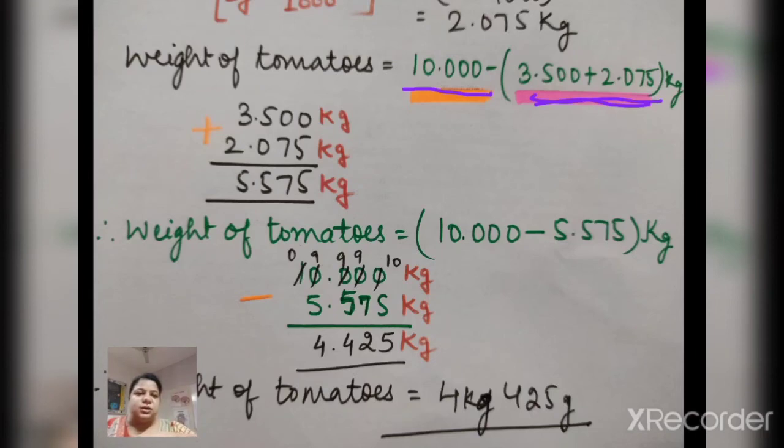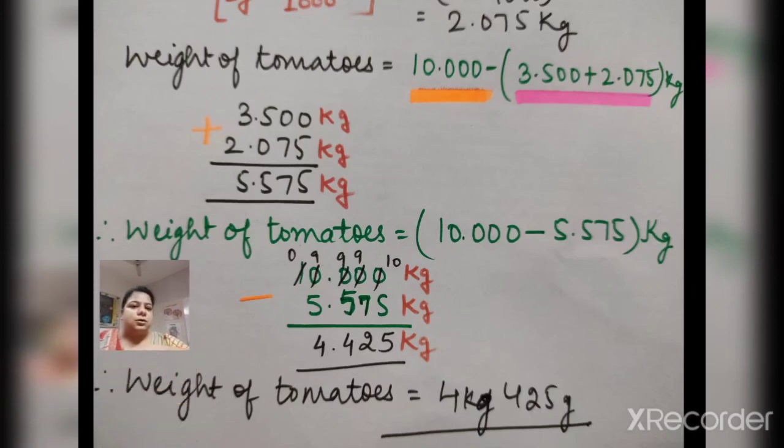So we have added here 3.500 kilograms plus 2.075 kilograms. Again decimal should be below the decimal. The sum of two vegetables gives us 5.575, right? Now to find the weight of the remaining vegetable, you have to subtract the sum of two vegetables from 10 kilograms, the total weight of vegetables. So 10.000 kilograms minus 5.575 kilograms.